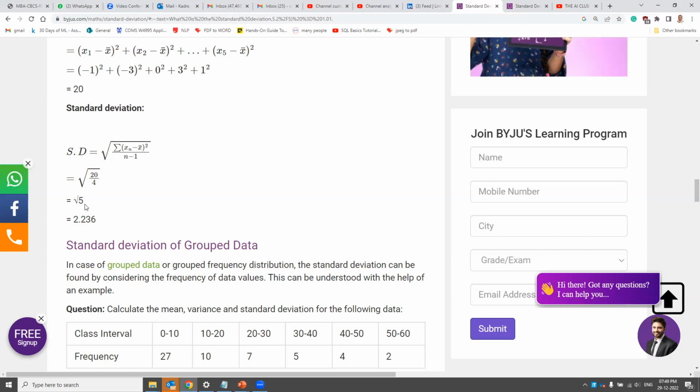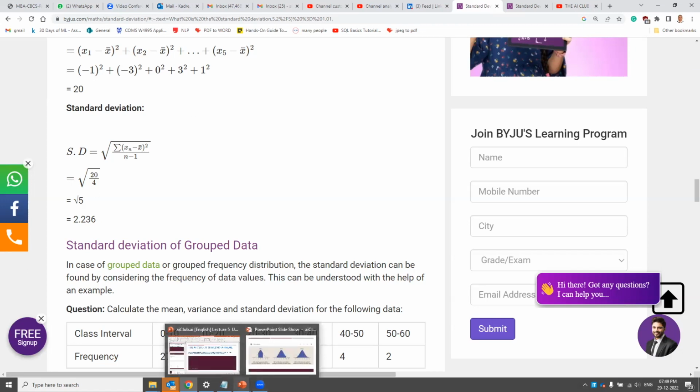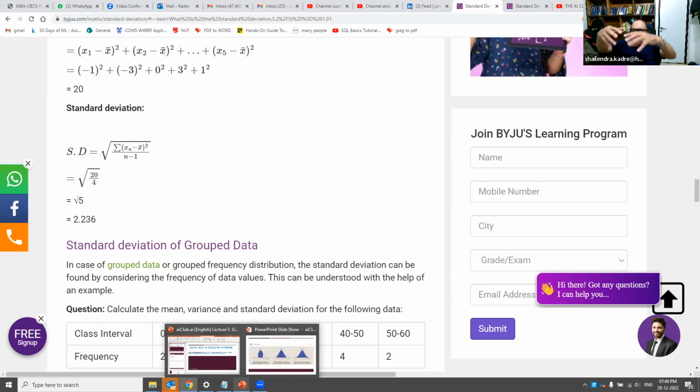Data is more spread out, right? If standard deviation is less, it means data is very near to each other. If standard deviation is more, it means data is very spread out. Got it? Yes, sir.